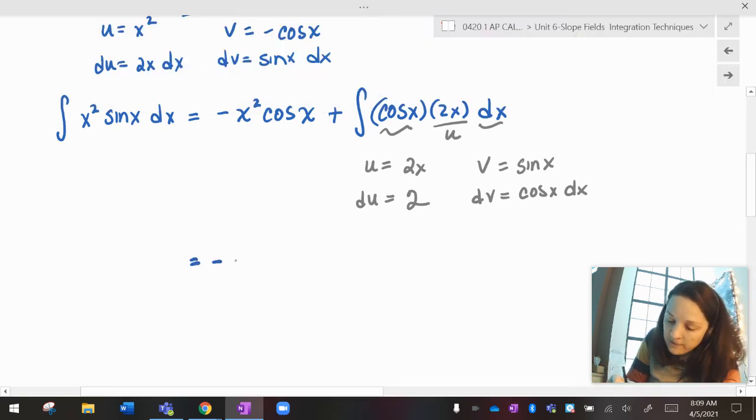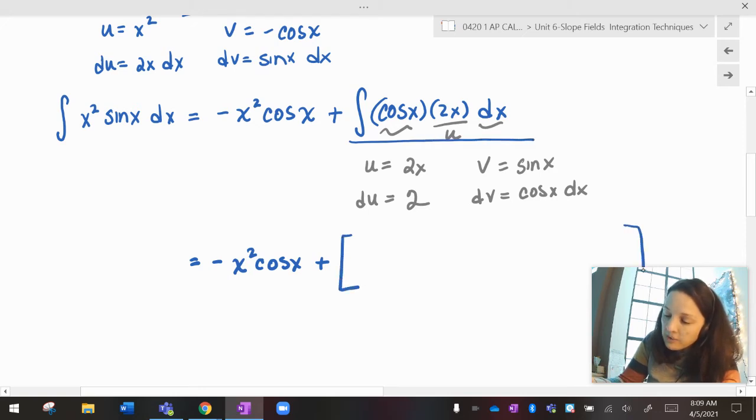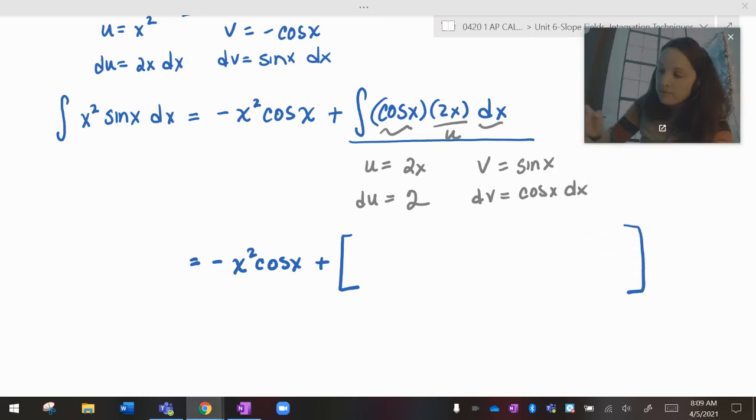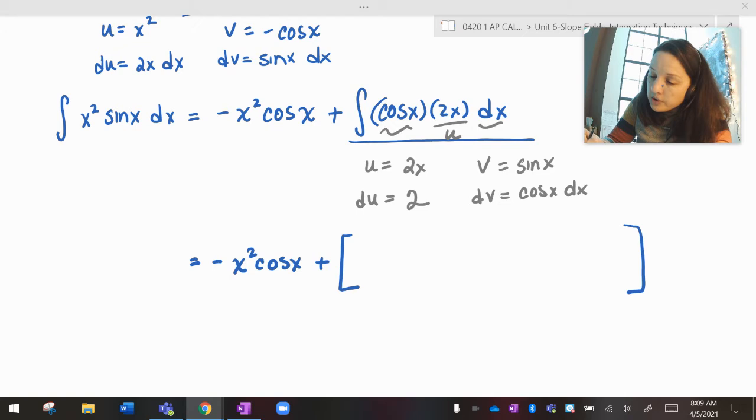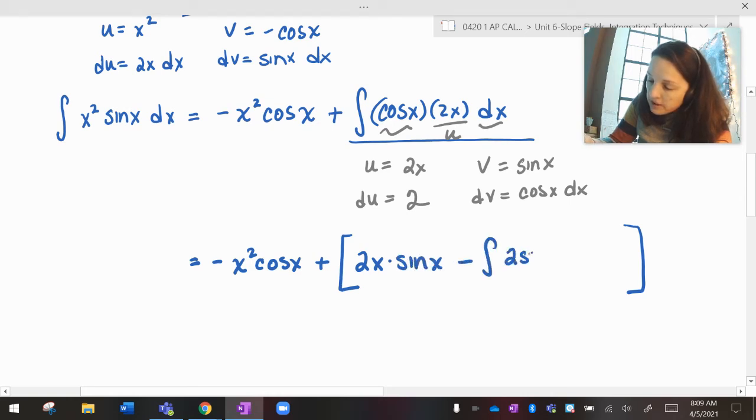So I still have this negative x squared cosine x plus the integral here is going to be this entire thing I'm about to write. Get my face out of the way here. The integral of u dv equals u times v minus the integral of v du.